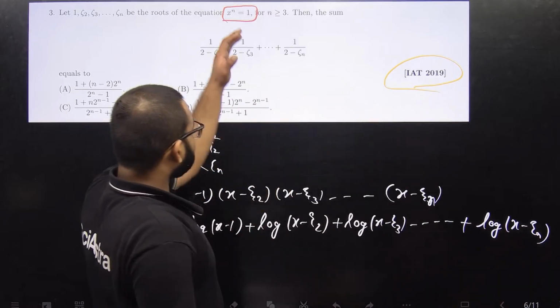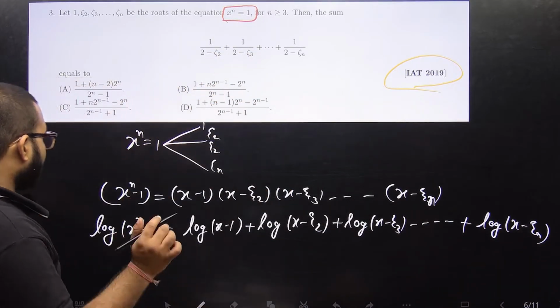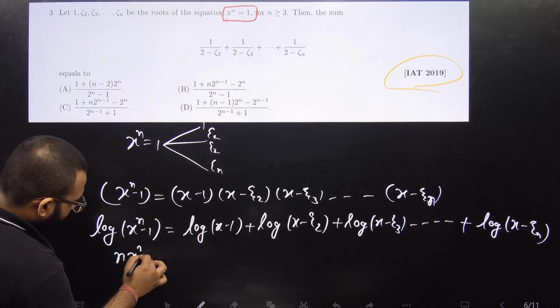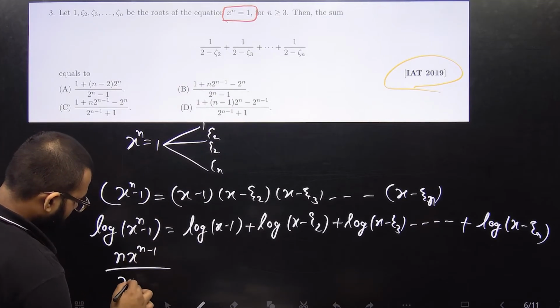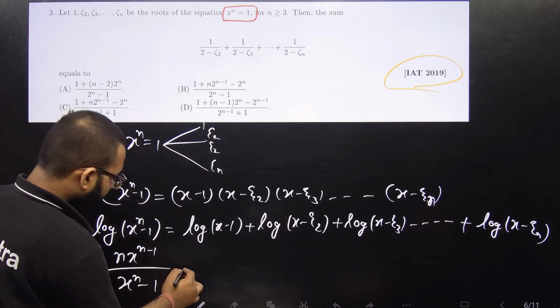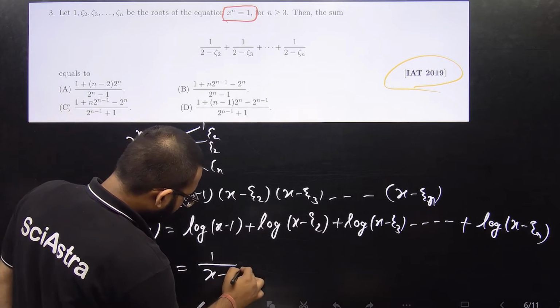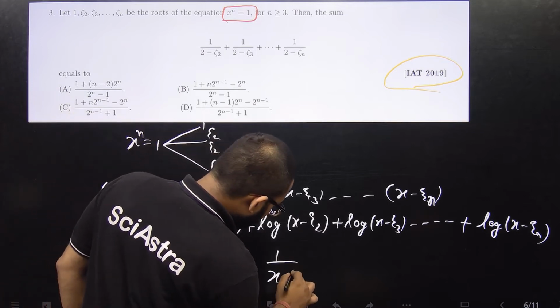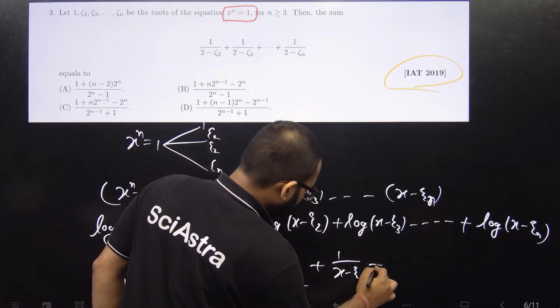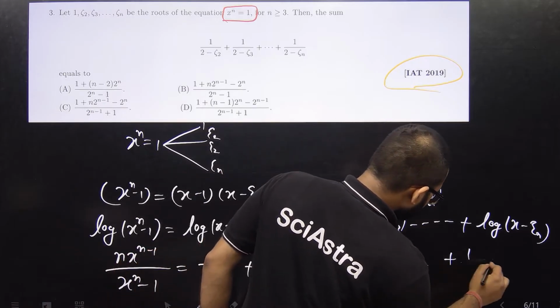After that, it comes in a denominator. So let's differentiate on both sides. If we differentiate log(x power n minus 1), that is equal to n x power (n minus 1) upon (x power n minus 1), taking the chain rule, and that is equal to 1 upon (x minus 1) plus 1 upon (x minus zeta 2) plus 1 upon (x minus zeta 3) ... plus 1 upon (x minus zeta n).